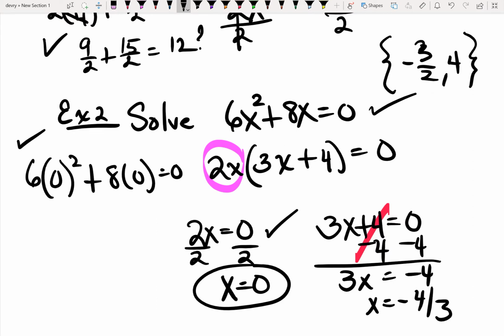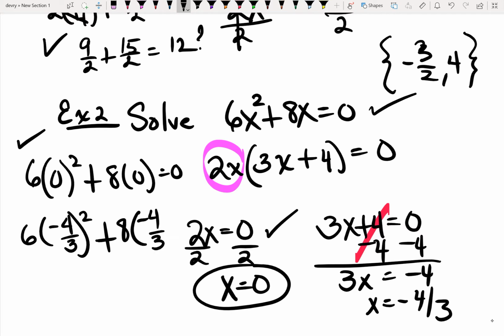That checks out. 6 times negative 4 over 3 squared plus 8 times negative 4 over 3, is that equal to 0? Is the question. So this becomes 6 times 16 over 9 plus negative 32 over 3.